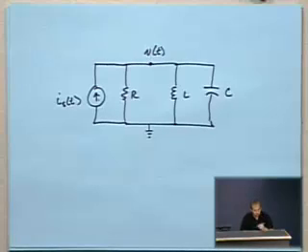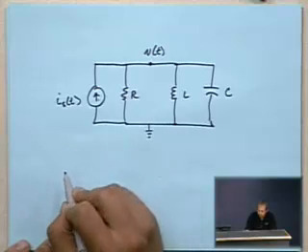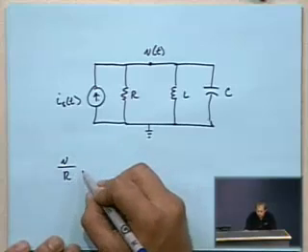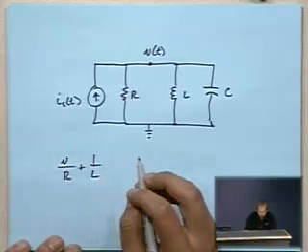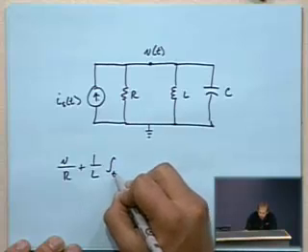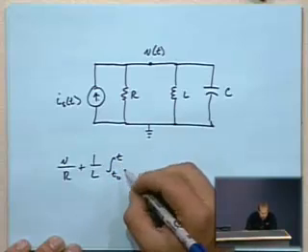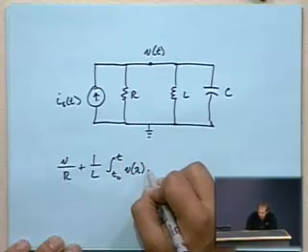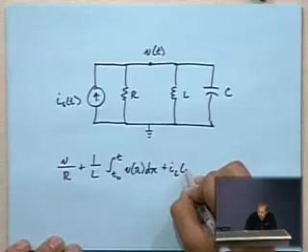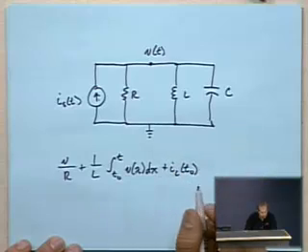If you look at the current running through all of these elements, the current in the resistor is the voltage V over R. The current in the inductor is 1 over L times an integral from some time t0 up to t of the voltage across it, plus the initial condition at time equals t0.